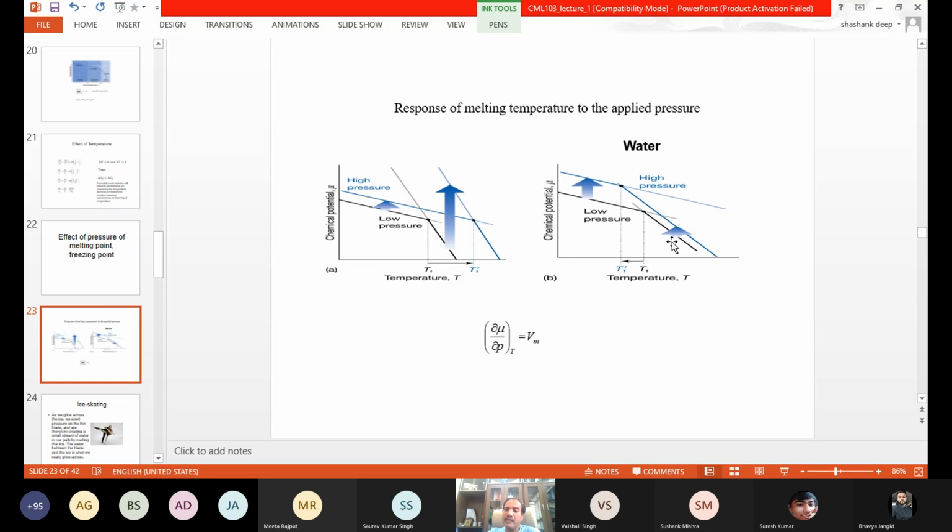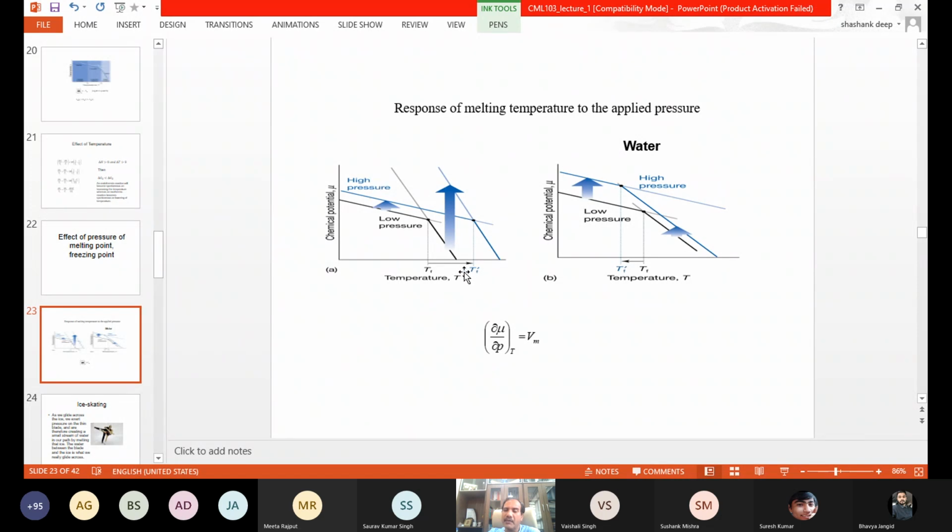For water, the increase in free energy will be smaller in liquid form than in solid form. And that's why if you draw this, you will see that the freezing point decreases. So with increase in pressure, freezing point decreases for water. For other liquids, it increases.